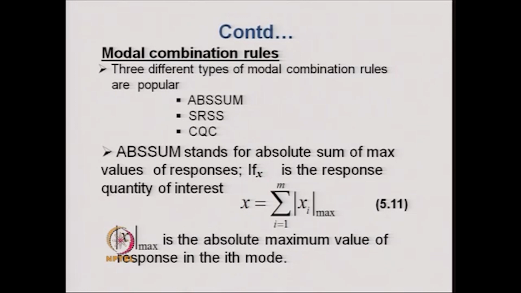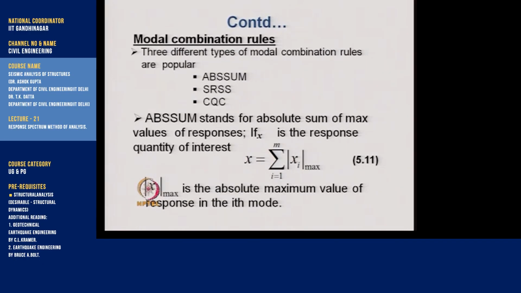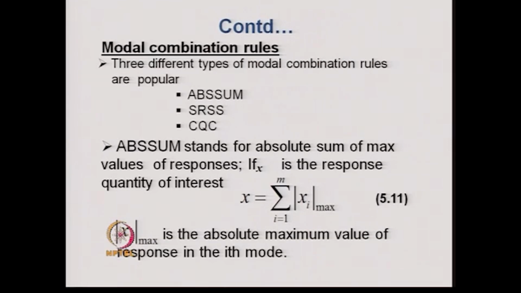Say if x is the response quantity of interest, say displacement or bending moment or whatever it may be, then we sum up the absolute maximum value of the response quantity in each mode of vibration, and the resulting quantity is equal to the desired maximum value of the response.